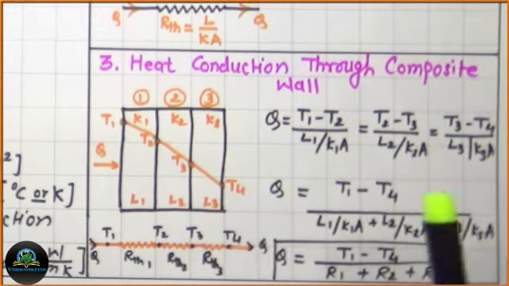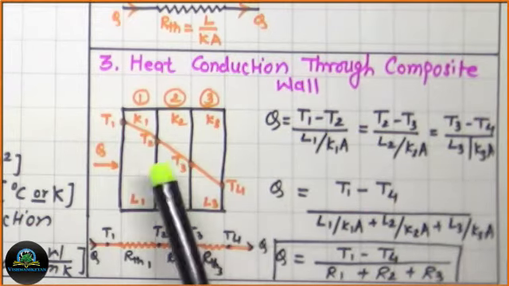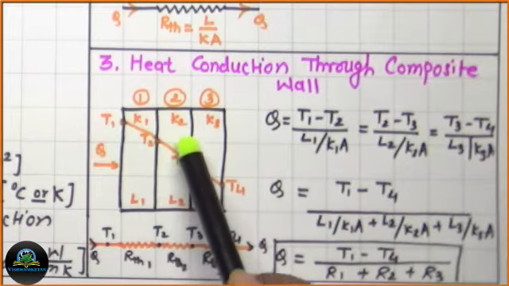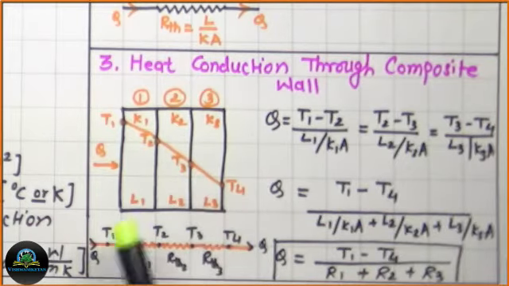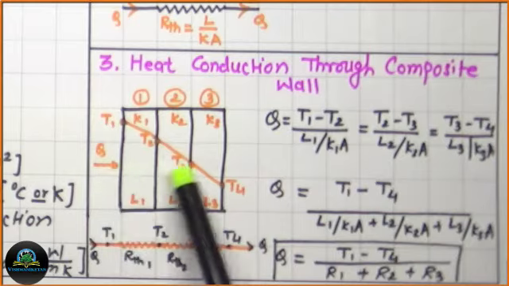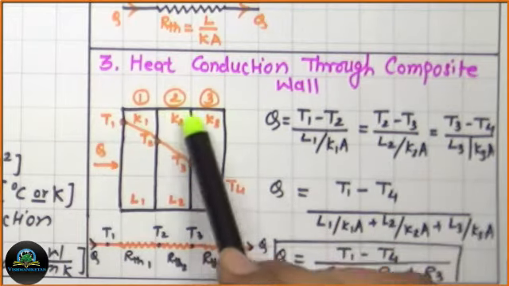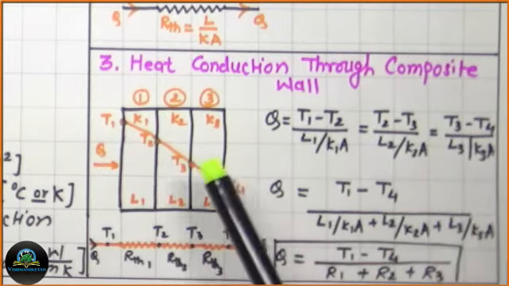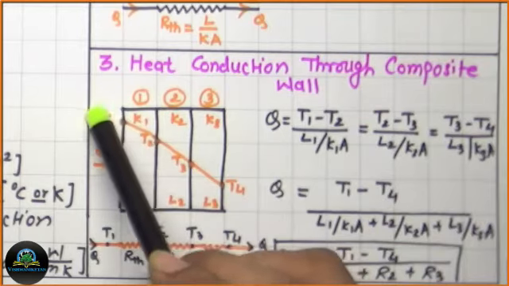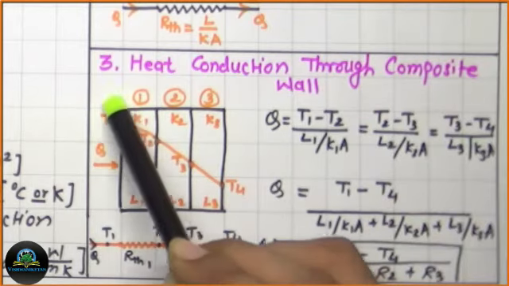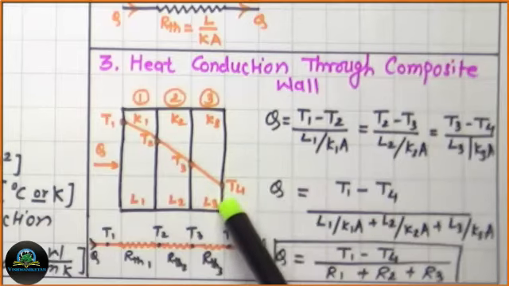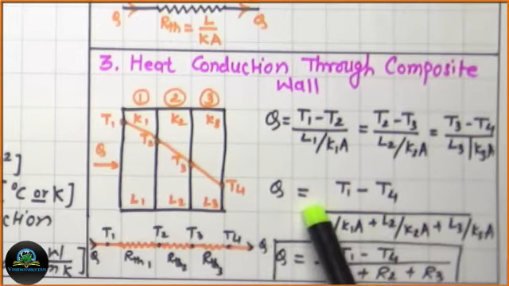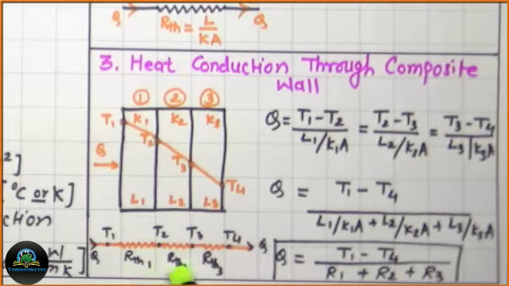Now in some cases these interface temperatures are not given to you. Then how will you find the heat conducted through this composite wall? For that you just use the innermost temperature minus the outermost temperature upon the sum of all the resistances, that is R_TH1, R_TH2, R_TH3.